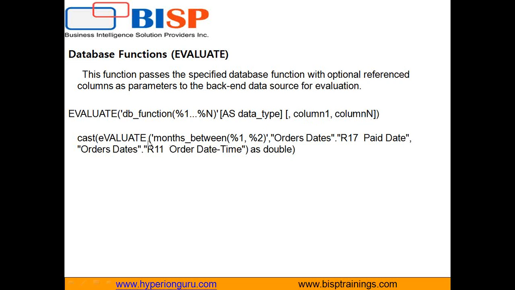So you see, I'm using the month between function of Oracle, and it takes two arguments which I pass over here as %1 and %2. And %1 argument is paid date, sorry, and second one is order date. So difference between paid date and order date time. And the final output we are casting as double. So I use a cast function on top of this.